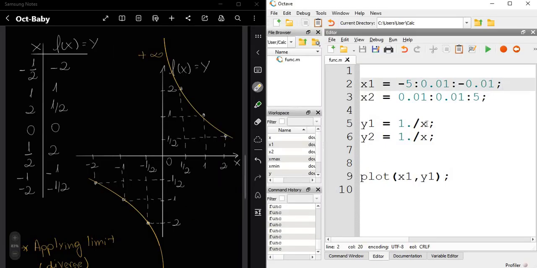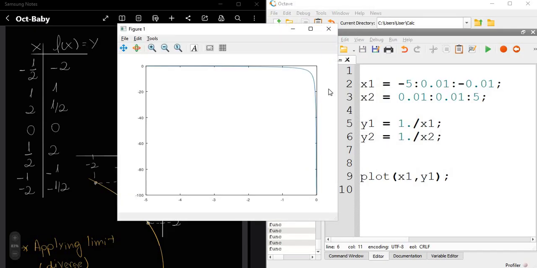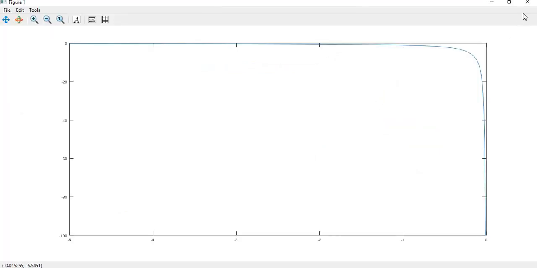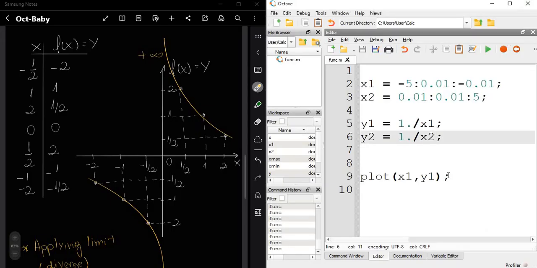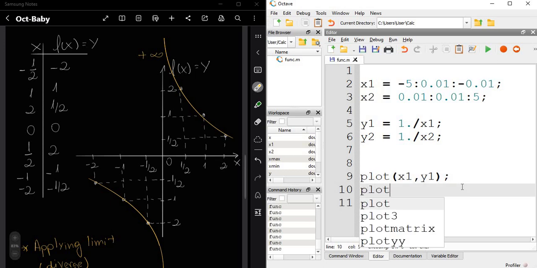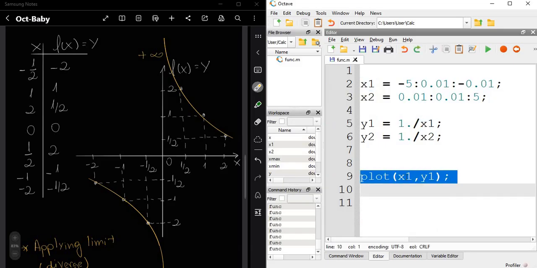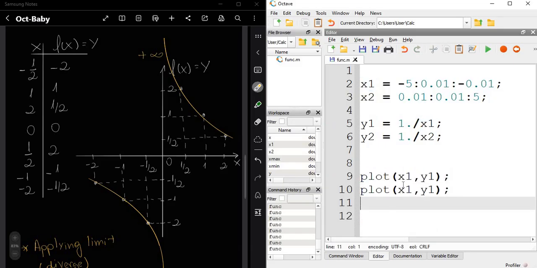Right here, x1, x2. Let's see. Exactly. And right now we need to plot the second function. So right here the arguments are the x-axis and the y-axis.